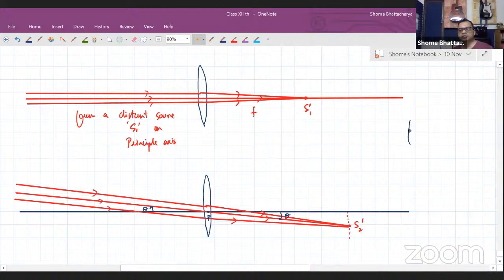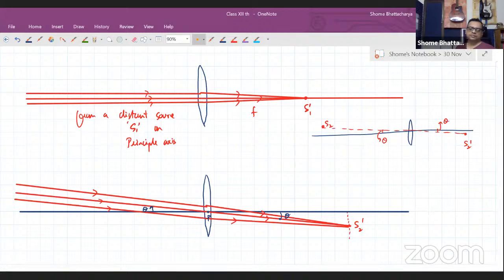That is why we say that if we have an object over here, its image will be formed somewhere here, where this angle will be the same as this angle. Is this clear, Shreya?